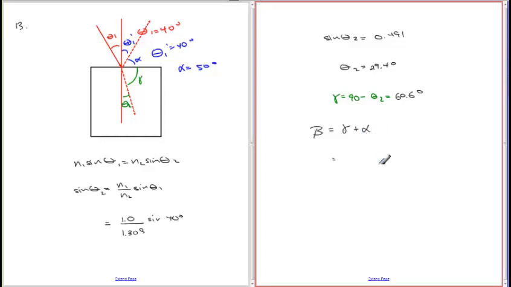Gamma is what we just calculated, 60.6, plus alpha, which is 50 degrees. So the angle that we're looking for is 60.6 plus 50, which is 110.6 degrees. Okay, hold on just a second. Let me check the answer, make sure that's right. So I've checked. They had 111, which is 110.6 rounded off.